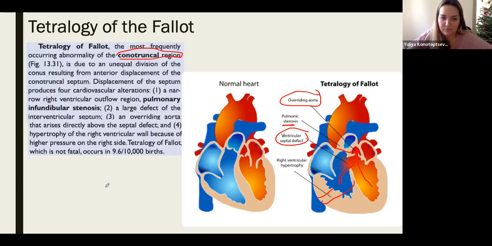Is it fatal? Not really. In embryology, fatal means that you die immediately. This person can live up to the age of 30, 35, maybe even 40. But because of the constant mixing of the blood, the organs are never fully exposed to the oxygenated blood, so they start to wear out.